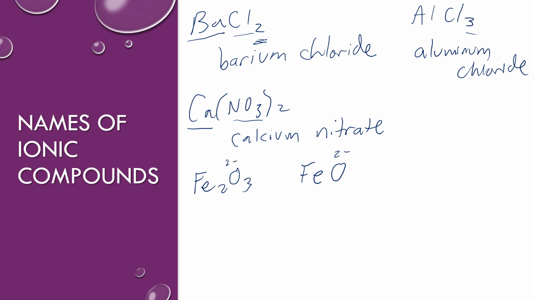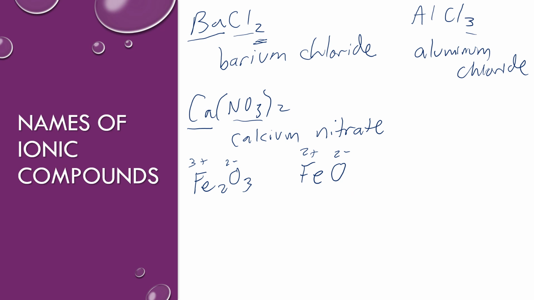And because there are 3 of them in this compound, that's a -6 total. And so the irons have to add up to +6. And in this case, each iron would have a 3+ charge. In our other compound, there's only 1 oxygen and 1 iron. So the iron here is a +2 charge to balance out the oxygen evenly.